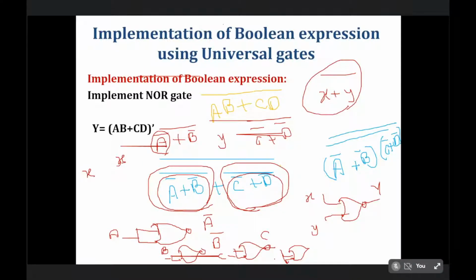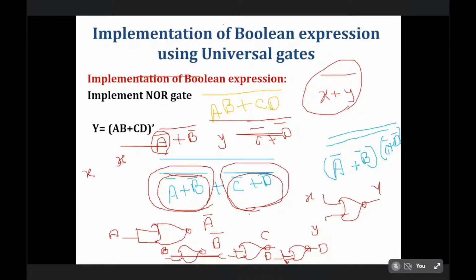This will be shorted, so this will implement the D. Okay. So we have implemented these things. So after implementation of A bar, B bar, the complement of this thing will be taken. So this whole thing will create the X.